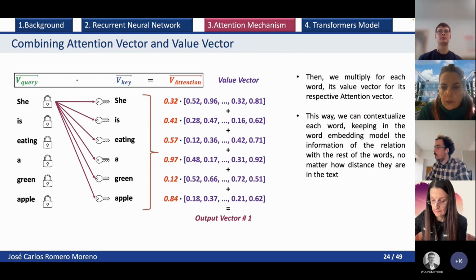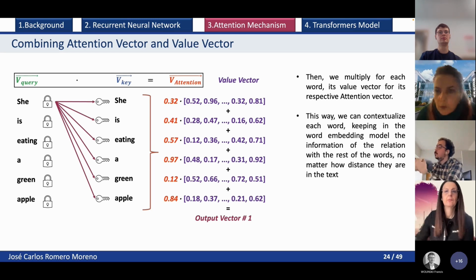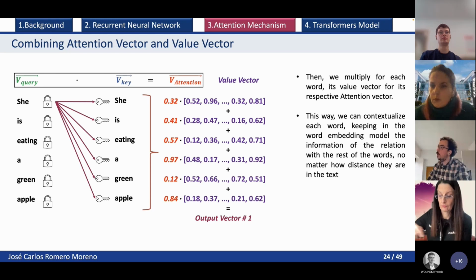And what I am going to do with this value is multiply. When you multiply things, it's like you are associating things. So I'm going to multiply this value vector with the attention vector of this word, because this attention vector has the information of the relation of this word with the rest of the words. If we add this information to our value vector, we are adding not only the meaning of the word, but its relation with the rest of the words.